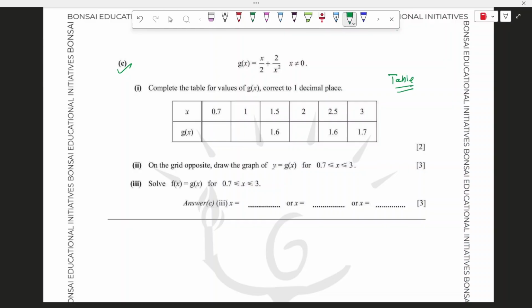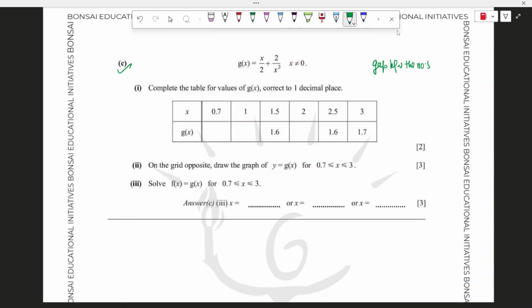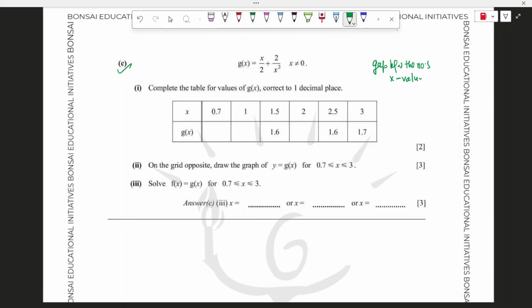If you use that function, you can fill the whole table using the calculator without even substituting a single value here. There is one constraint for the calculator when you are looking for the table. That constraint says the gap between the x values should be the same.